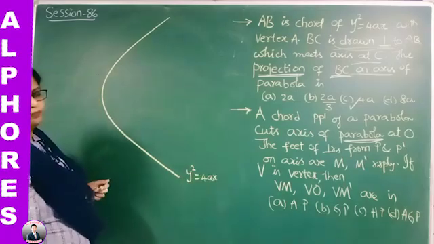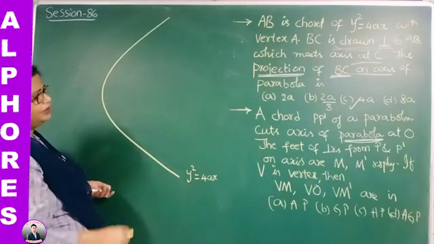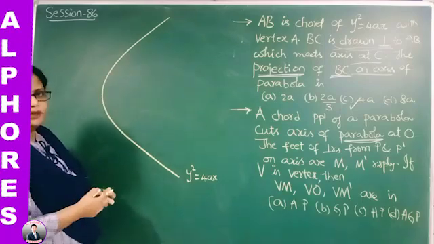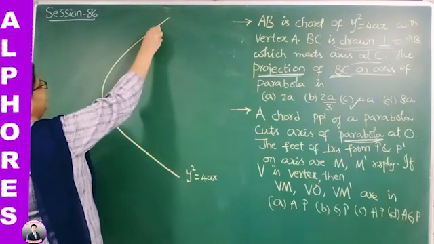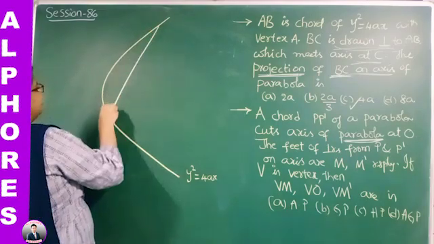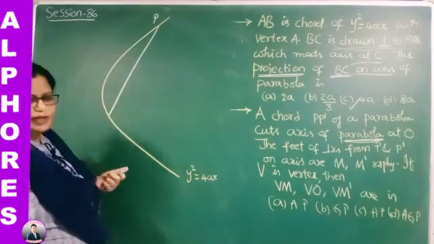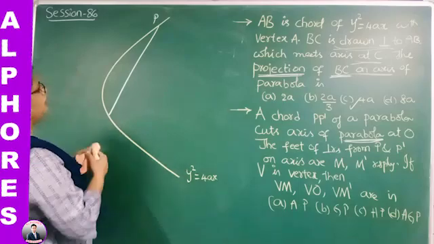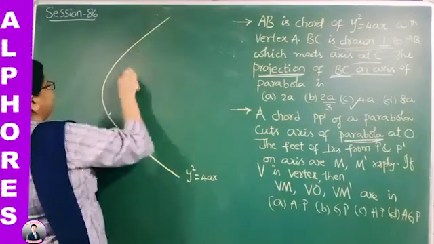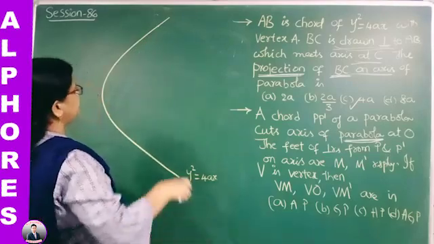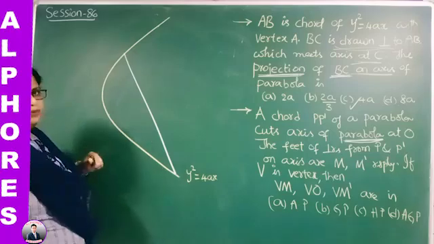Okay, now here they are telling chord PP dash of parabola. Okay, chord. In general I am taking not necessarily a focal chord or anything, just a chord. This chord is given as PP dash. Anyways you can join this one. So I am taking it elaborately because more points are there, and now the chord PP dash like this, because it is not necessarily a focal chord.